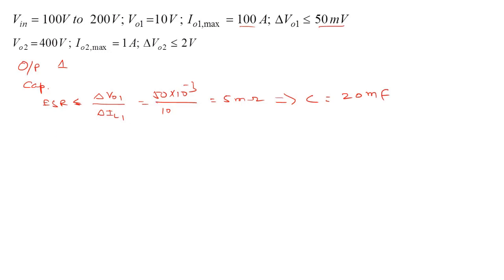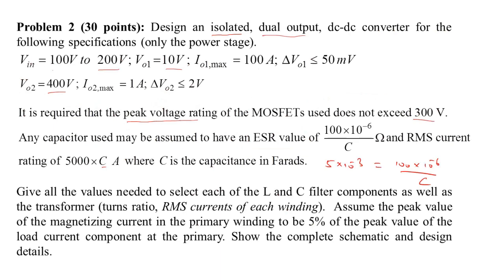But we can go ahead and calculate the IC RMS rating. We have a formula, which is the delta IL1 chosen divided by 2 square root 3. So delta IL1 was 10, and 10 over 2 square root 3 is 2.886, and this requires a C from the second relation here: it's 5000 times C, or C needed would be IC RMS divided by 5000.